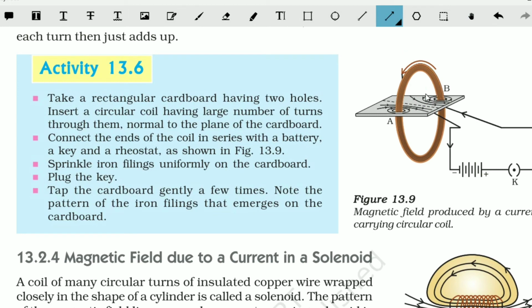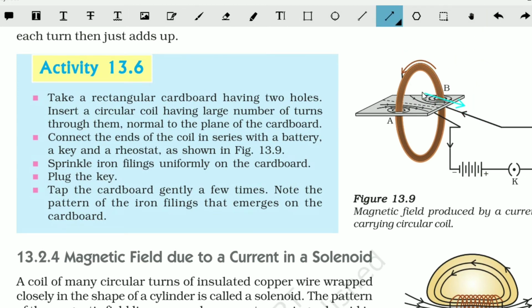Here you will see the direction will be in this direction. It is clear from the figure that inside the circular loop the magnetic field will be like that, and actually it is perpendicular at the center of the coil. And outside the loop it will be in the opposite direction.